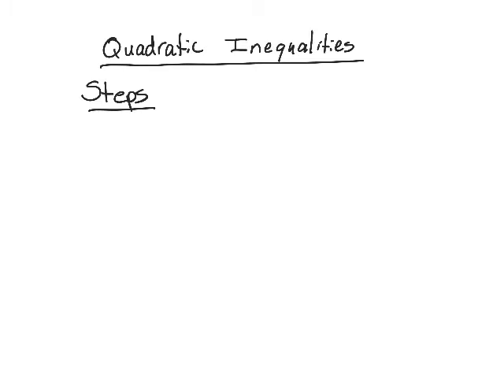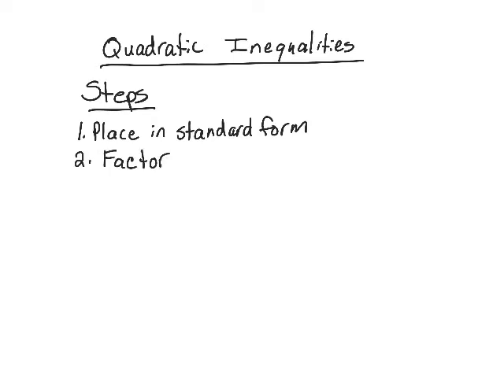Quadratic inequalities are a little bit more complicated, so I'm going to list out some of the steps here. The first thing you're going to do is take your equation or your inequality and place it in standard form, so you have everything on one side, a 0 on the other side. Once you have it in standard form, you should be able to factor your expression.